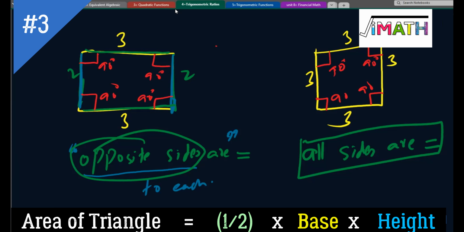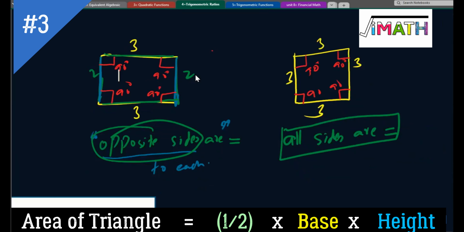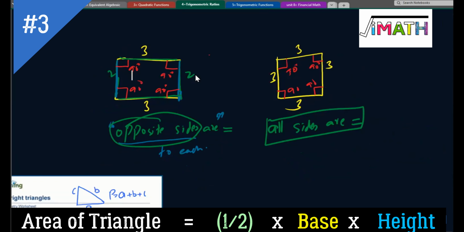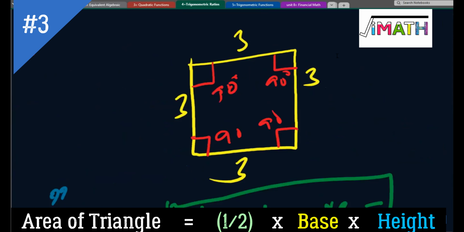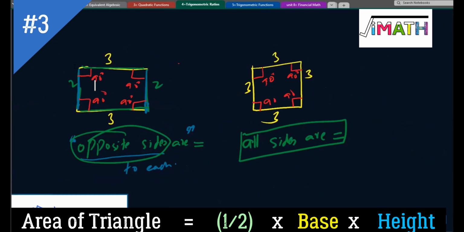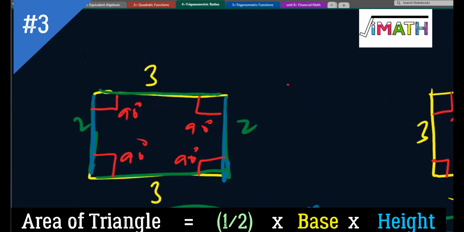They both consist of right angles. Perfect, wonderful. There is no difference in terms of angles, because whether it is a square, all the angles are 90, or it is a rectangle, all the angles are 90.